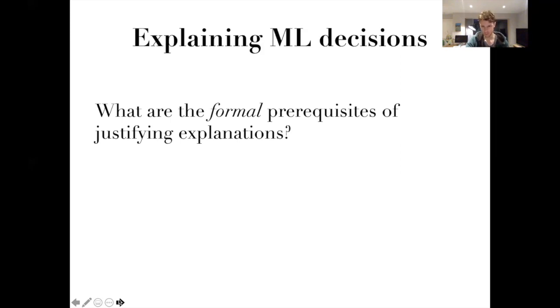The conditions which all explanations of decisions would have to meet, regardless of the domain, to enable someone to say, yes, that's a good decision, or no, that's a bad decision. What's the minimum that a reviewer of a decision, an observer of an action, requires to make an assessment of good or bad?